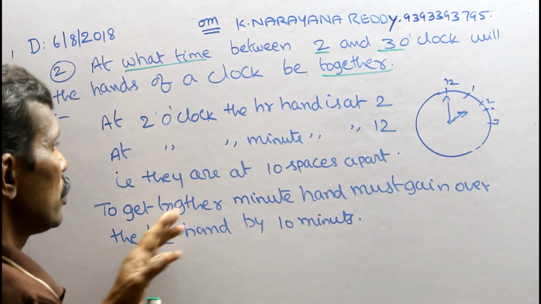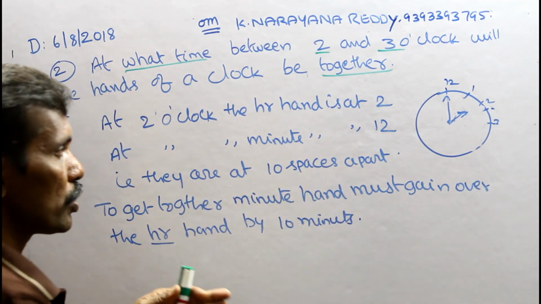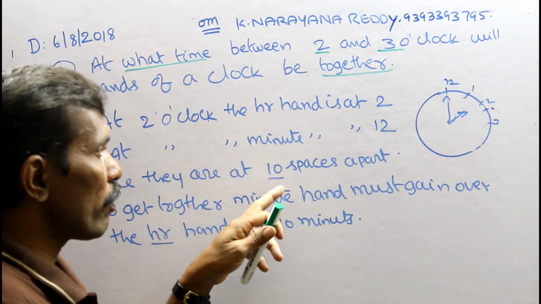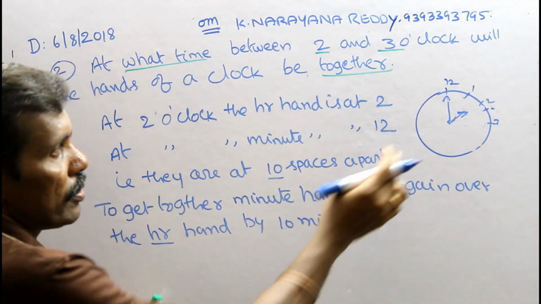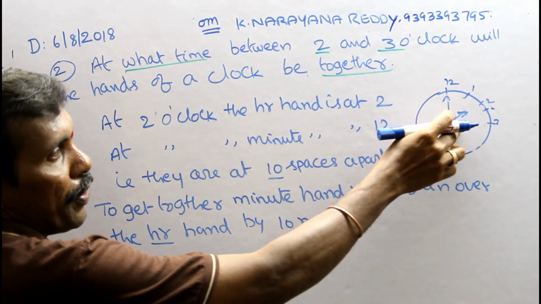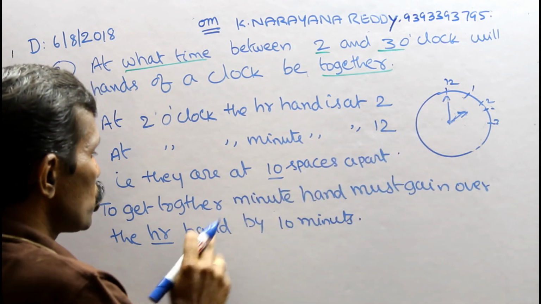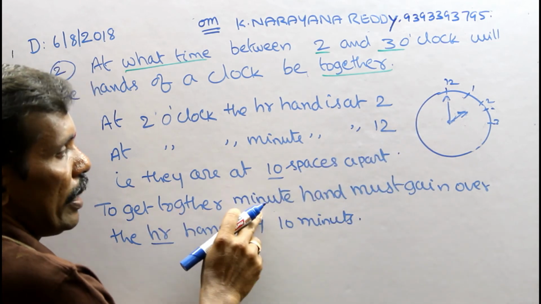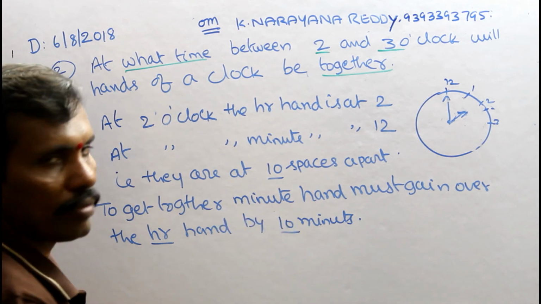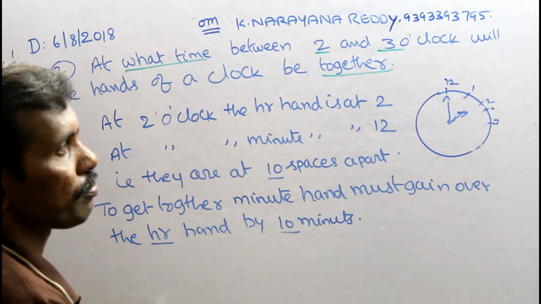Okay, they are 10 spaces apart. So the minute hand gains over the hour hand by 10 spaces. Yes or not? Because the hour hand is behind by 10 minutes compared to the minute hand. So to get together, the minute hand must gain over the hour hand by 10 minutes.